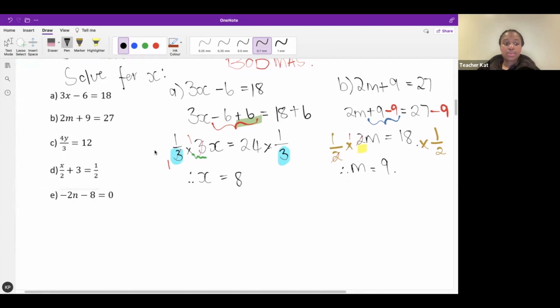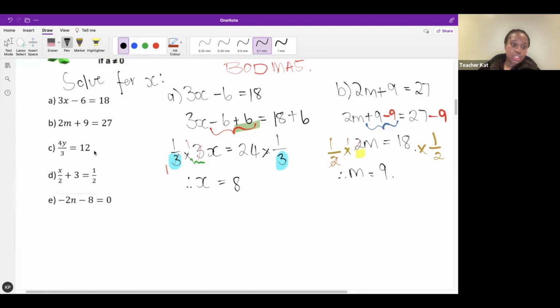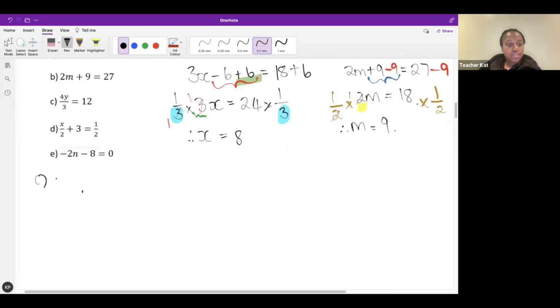Okay, C is a little bit more interesting. So let's take a look. C says 4y divided by 3 is equal to 12. Okay, now let's look at this. The reciprocal of 1 over 3, or 4 over 3.